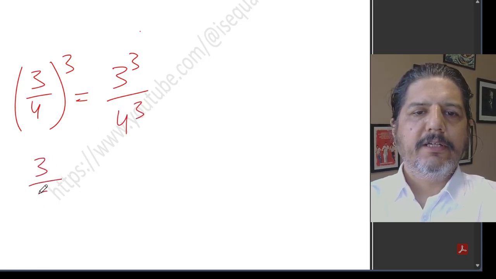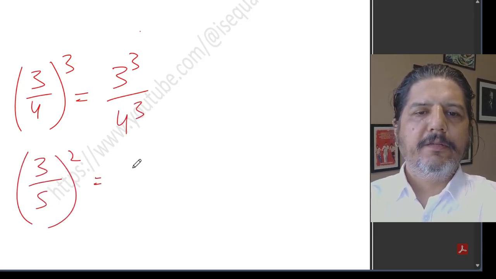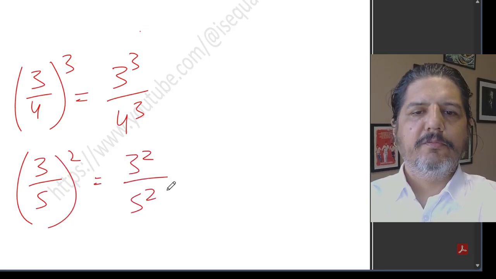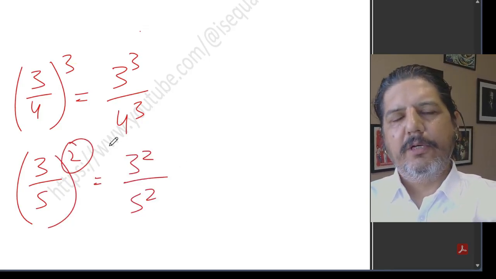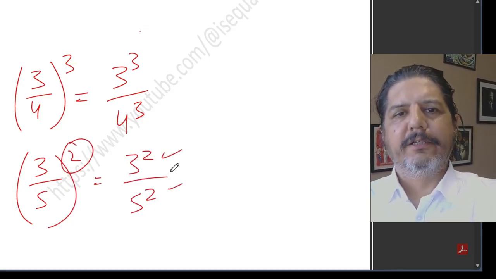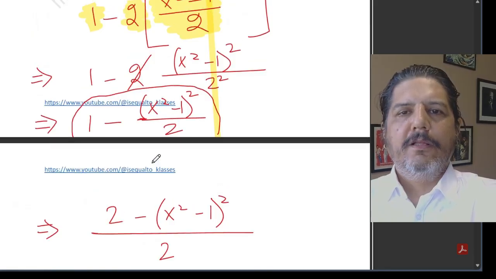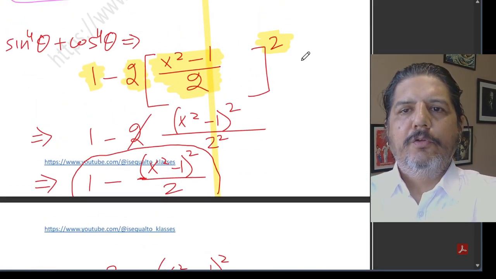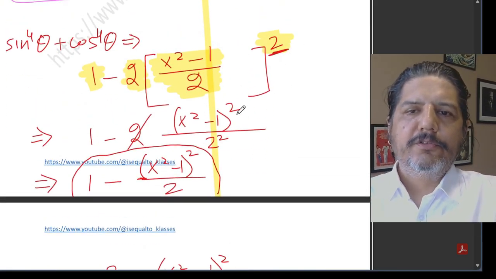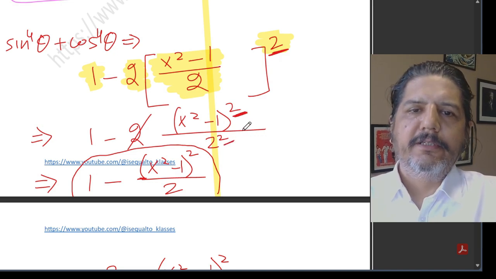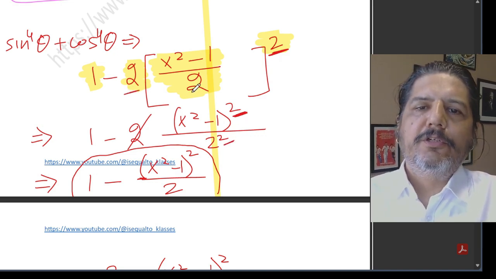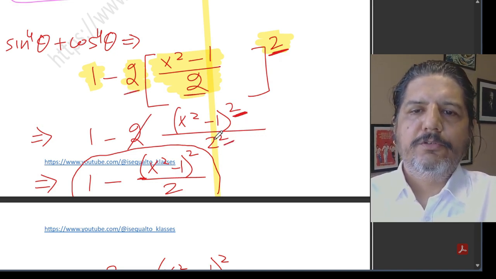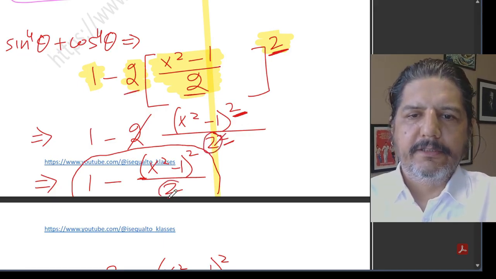Similarly, an expression like this can be written as 3 square upon 5 square. So this square can be broken into numerator and denominator. I used this square here and then here. Then this was a 2 and this became 2 square, and this 2 and this 2 cancelled and only 1 upon 2 remained.